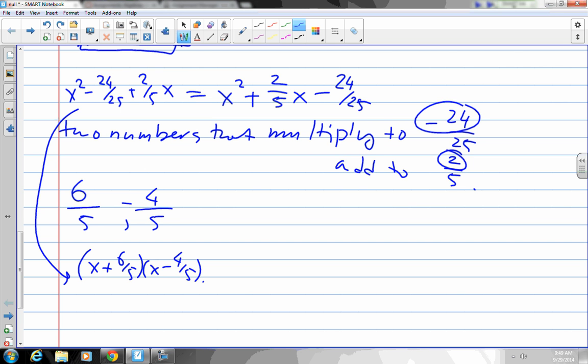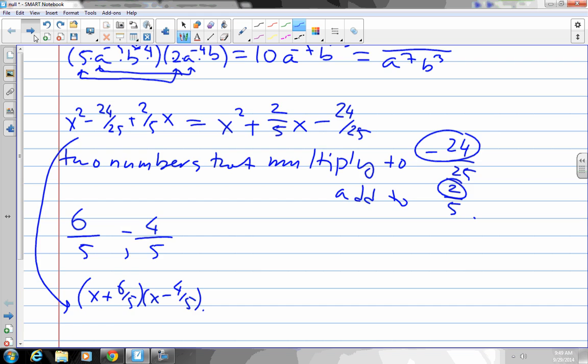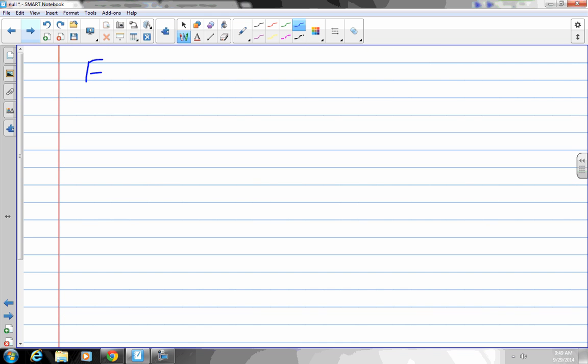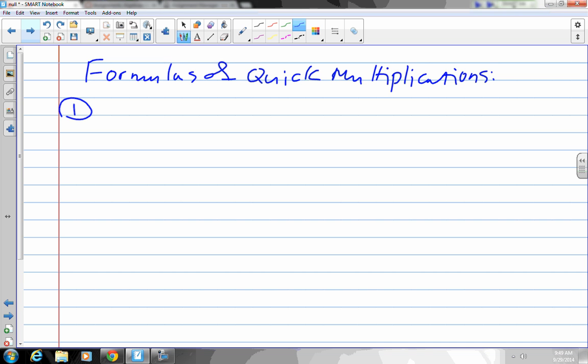So okay, last time we started the formulas of quick multiplication. So we did have the difference of squares.